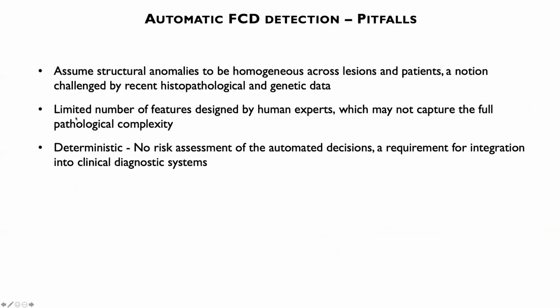Also, they rely on a limited number of features designed by human experts on the basis of their knowledge, which may not capture the full pathological complexity. Importantly, their deterministic nature does not permit risk assessment, a requirement for them to be integrated into clinical diagnostic systems.